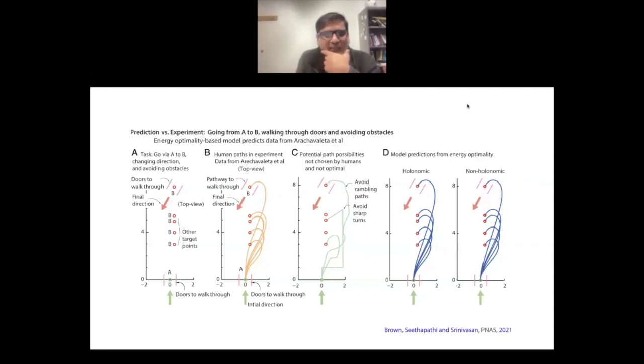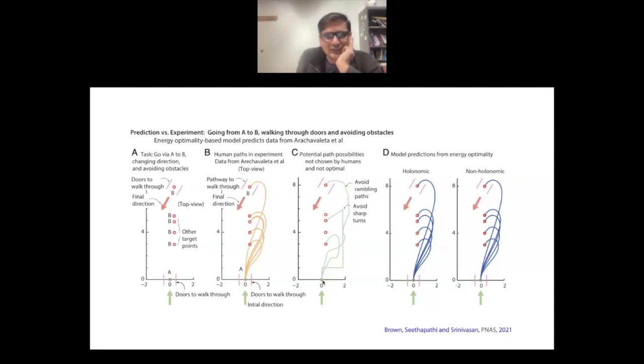And this task, and this is data from other researchers, the Archuleta, involved walking through one door and then doing something, and then you have to walk through this door eventually. And these are the human paths that they measured.